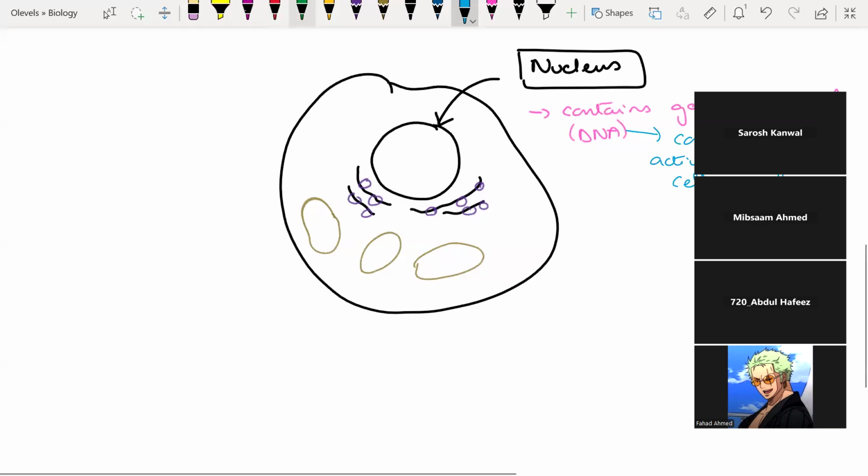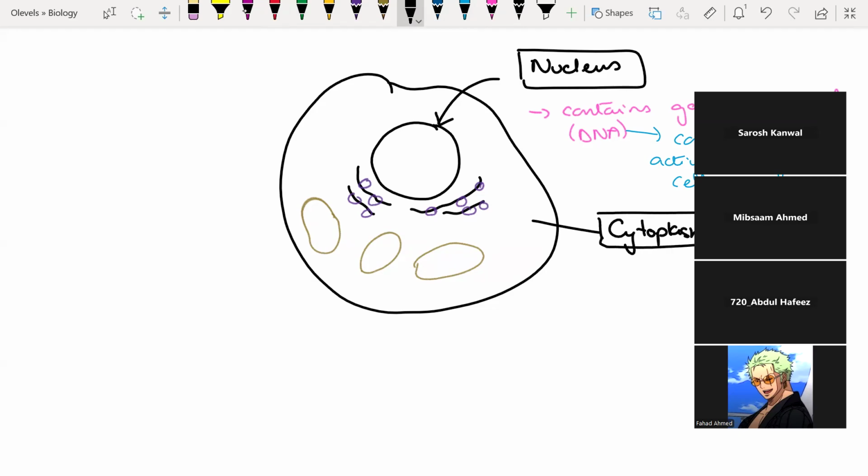Yes. All right. So we know that there is cytoplasm as well, the jelly-like fluid that is present in the cell. That is called cytoplasm. So what's the function of cytoplasm?